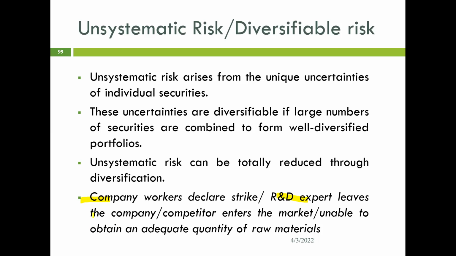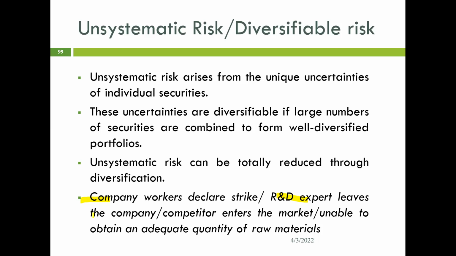Competitors entered into the market. When a competitor enters, you can forecast what happens to your investment, what happens to your portfolio. So that you can manage. Unable to obtain an adequate quantity of raw materials. If a particular company cannot obtain raw material adequately, that company will face production issues, and then their turnover will decline, so their profits will decline.